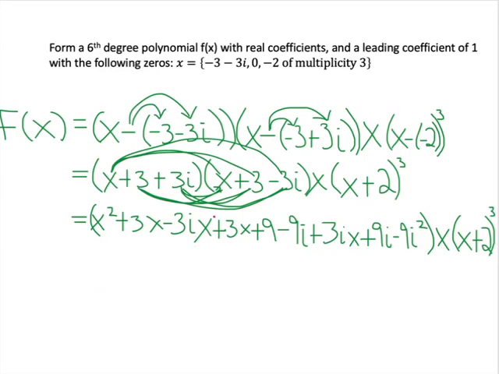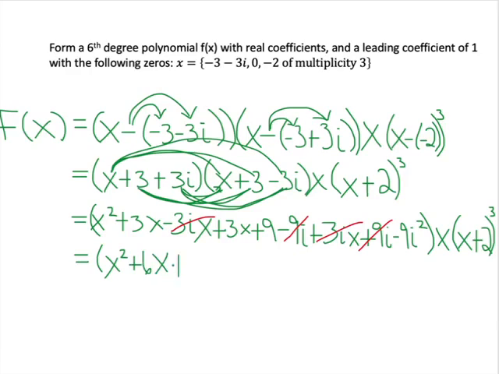And we'll be able to cancel some things over here now. So I have minus 3ix and plus 3ix. Those cancel as they should. We learned that with conjugates. I have minus 9i and plus 9i. Also cancel because we have conjugates for multiplying. And so we can, in the next step, kind of simplify. So I have x squared plus 3x plus 3x is plus 6x.